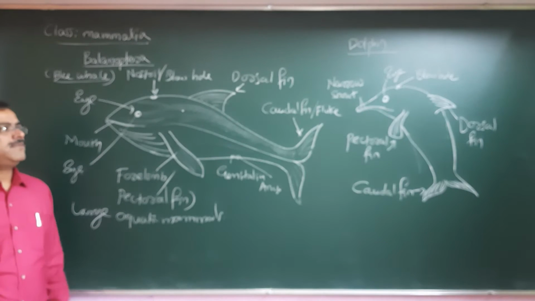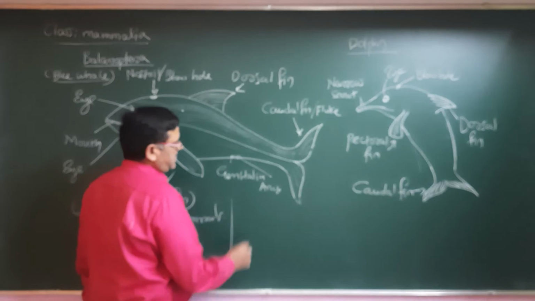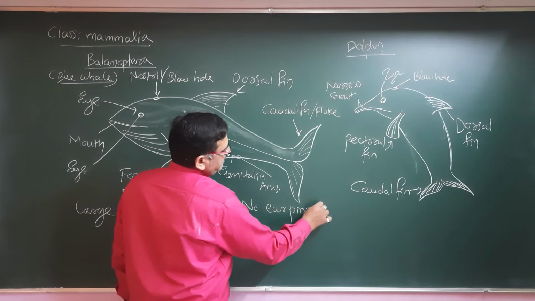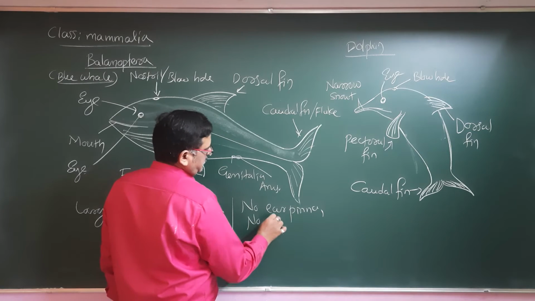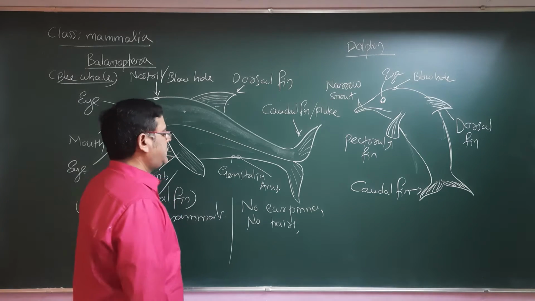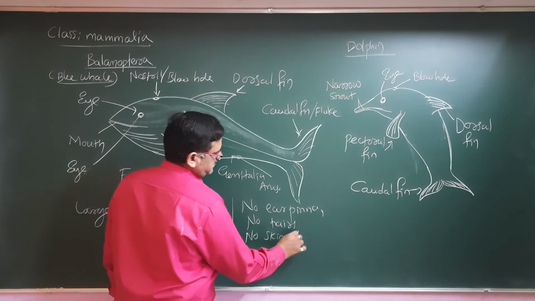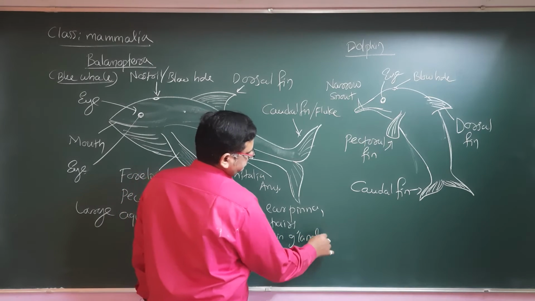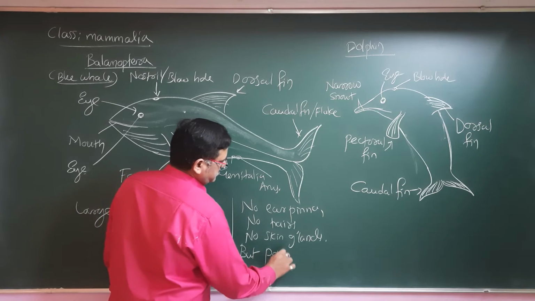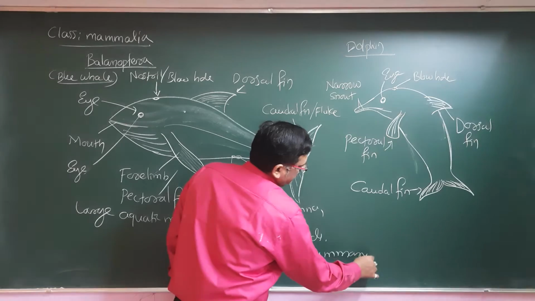And the aquatic mammals definitely have no ear pinna, no hairs, and no skin glands, but they possess mammary glands.